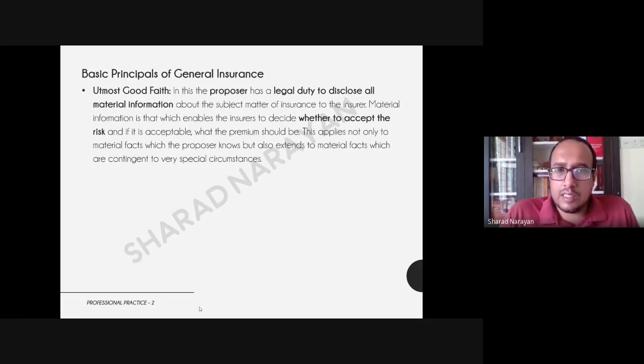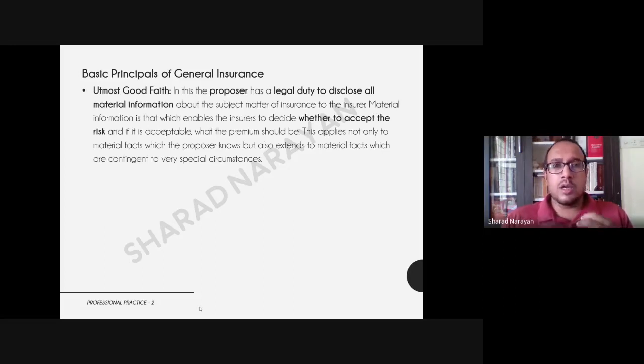So in this case, we take contingent information over a prolonged period of time to see whether or not the risk is acceptable. From 2001 to 2021, there have been no significant earthquake events in Bhuj. So it is a reasonable risk to insure a property which has been constructed in the region of Bhuj. So this is how utmost good faith works.